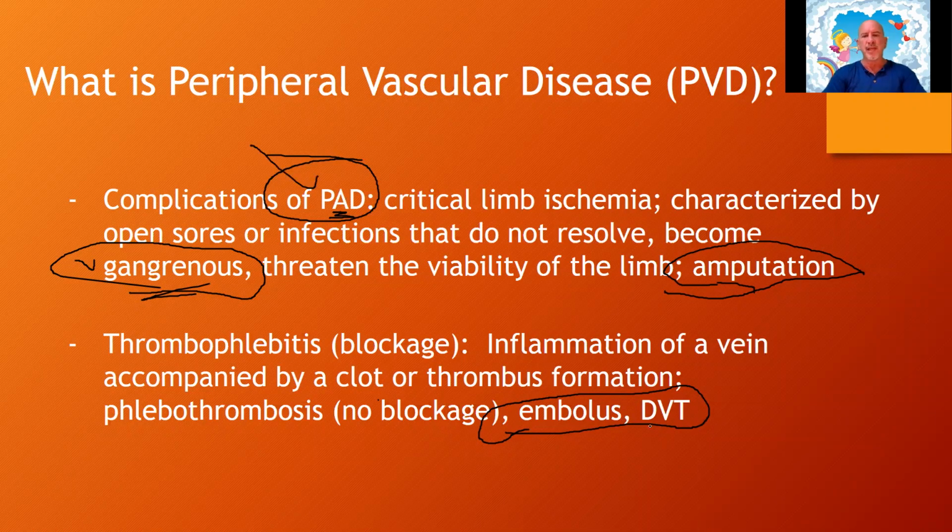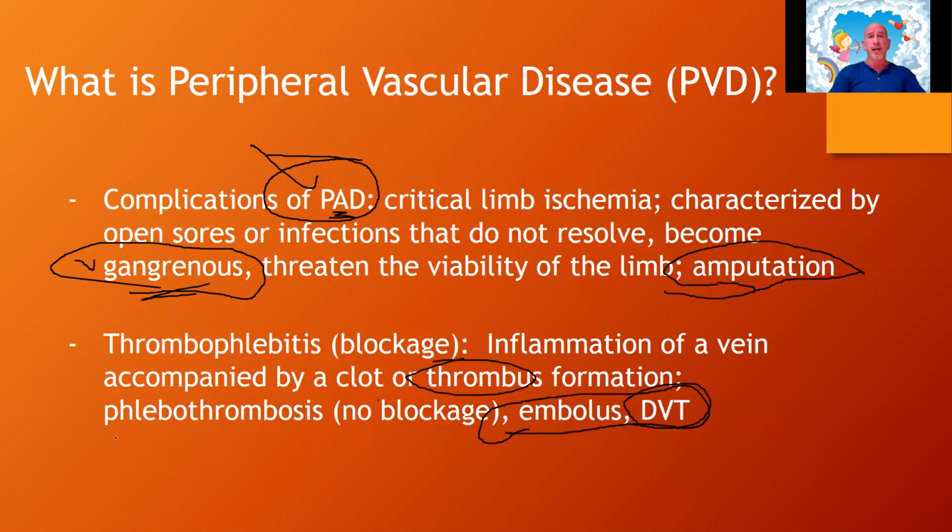The real danger with DVTs, deep vein thrombosis, that's when you get a thrombosis or a blood clot deep in the vein of your leg. We call it a DVT. The real danger there is if any of that should break loose, it can go to the heart and cause a myocardial infarction.